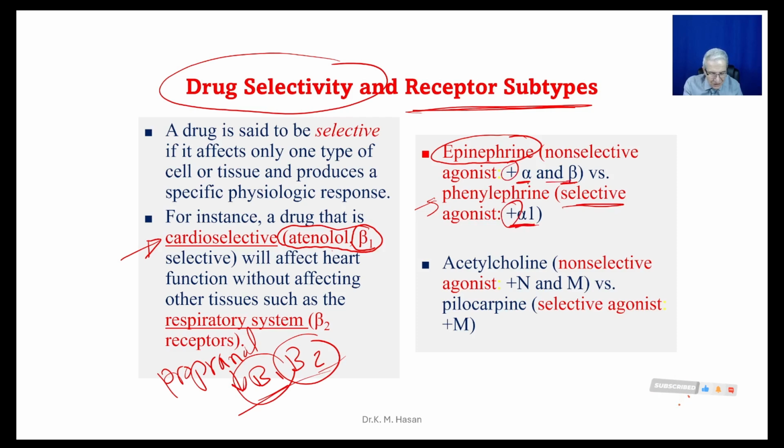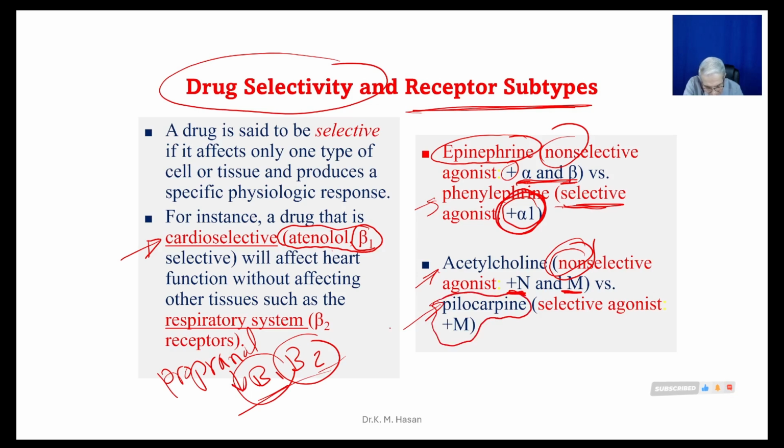The same question applies to acetylcholine. Acetylcholine is non-selective again: we have non-selective for epinephrine, non-selective for acetylcholine, stimulating nicotinic and muscarinic receptors. What about pilocarpine? Pilocarpine belongs to the same group of selective agonists that stimulate the muscarinic receptor.